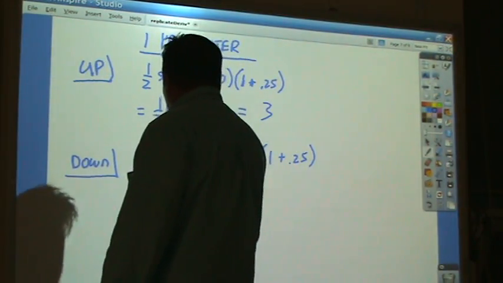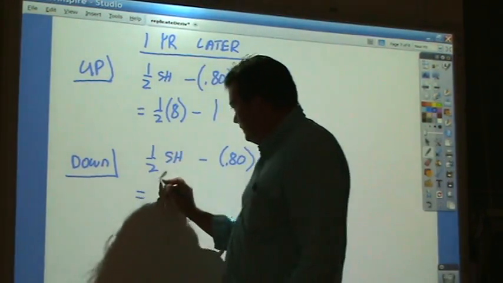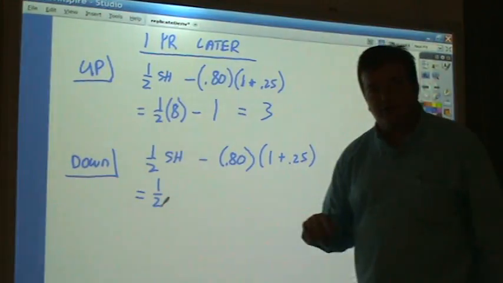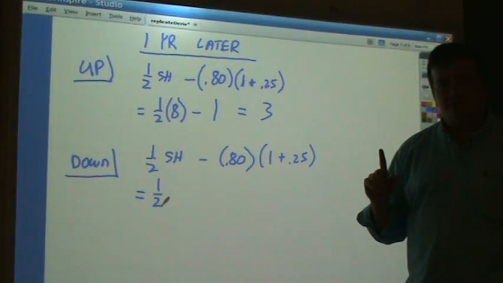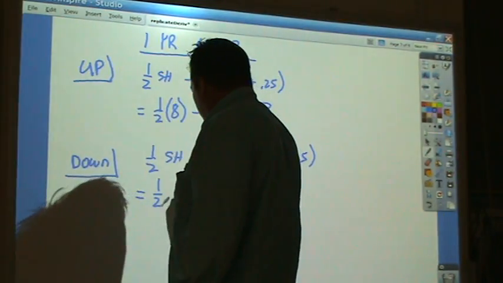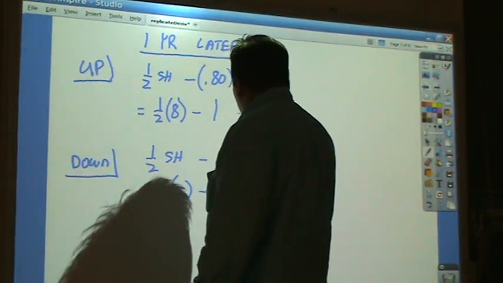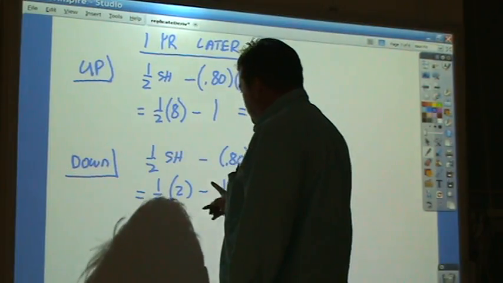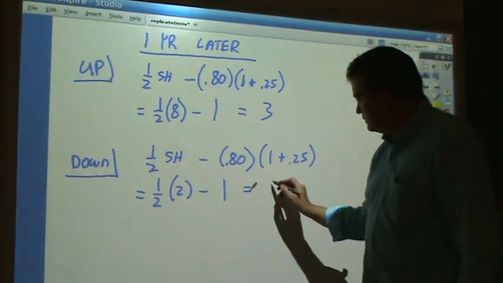Which is equal to what? What is 1/2 share? In a down market, the share would be worth $2. Right, it started at 4 and it cut in half, so 1/2 share is worth $1, minus, once again, $1. And this equals 1 minus 1, which is 0.